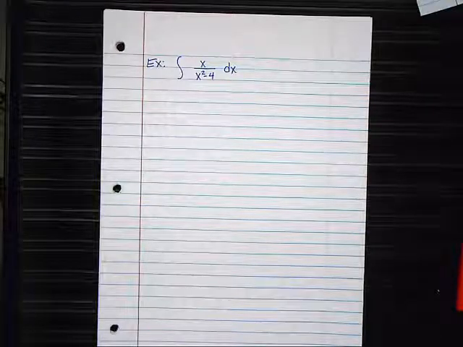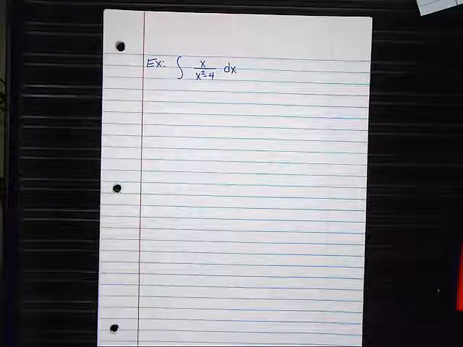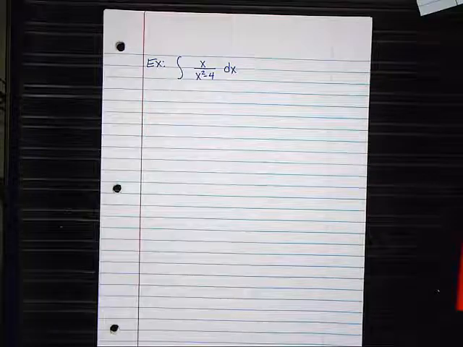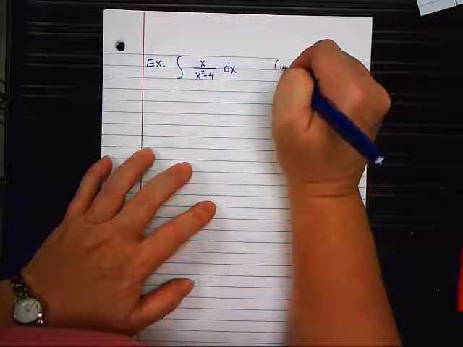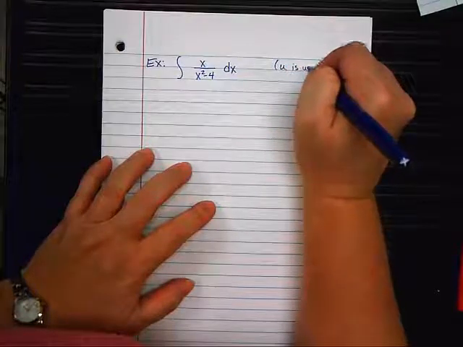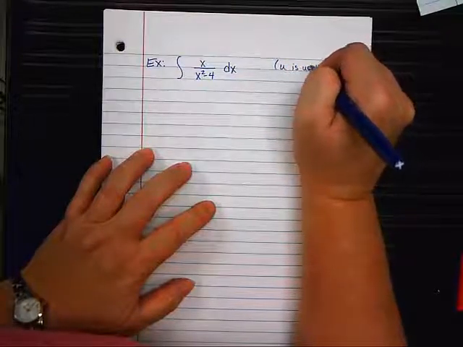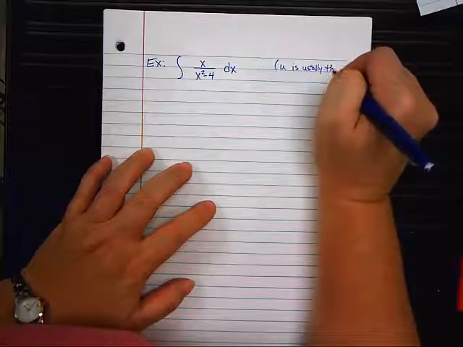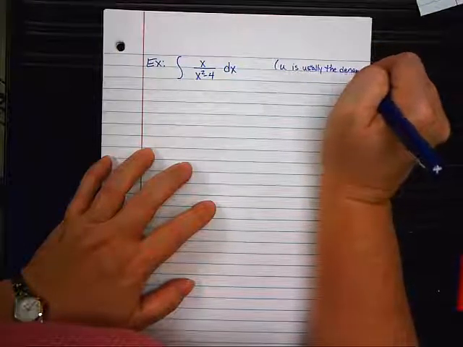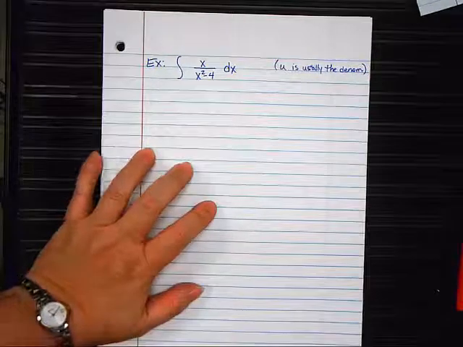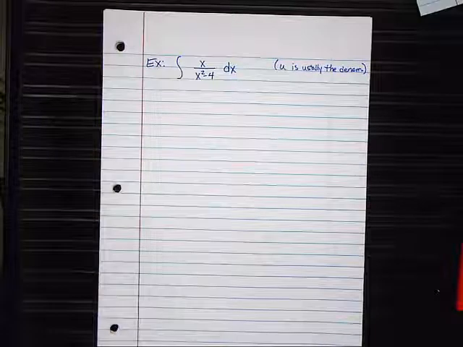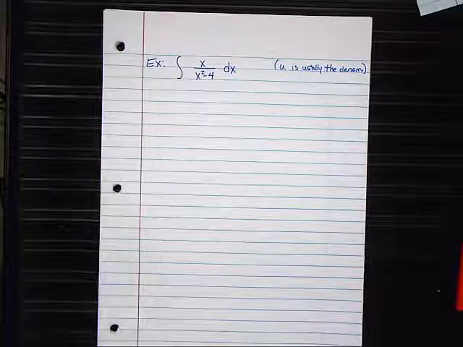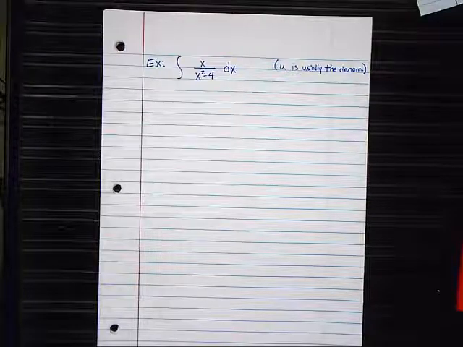Okay. When you are given a problem with a fraction, I have a hint for you, and that hint is u is usually, but not always, the denominator. If you're dealt with a problem, especially this one where nothing is inside of anything else, because remember yesterday we talked about u is supposed to be the inner function.